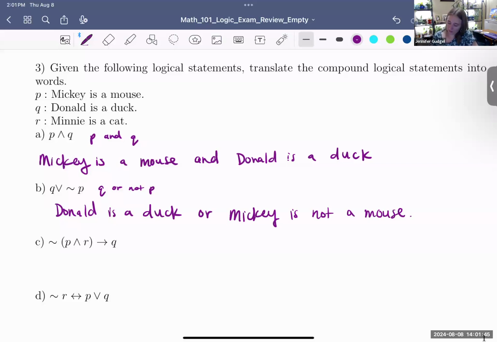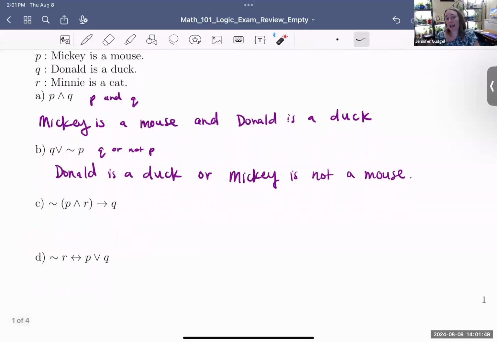All right, we have a negation here on the outside of parentheses. Remember, when that happens, we use it is not the case that, and then whatever follows the that is what's inside those parentheses.